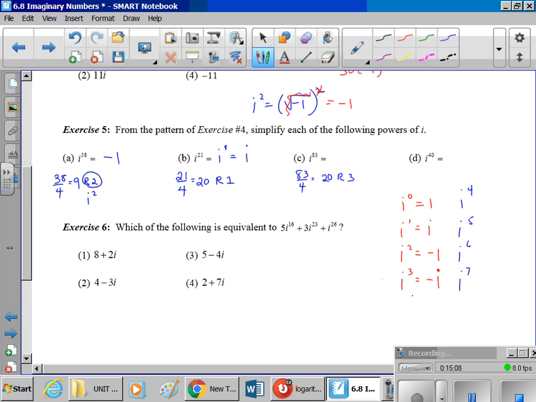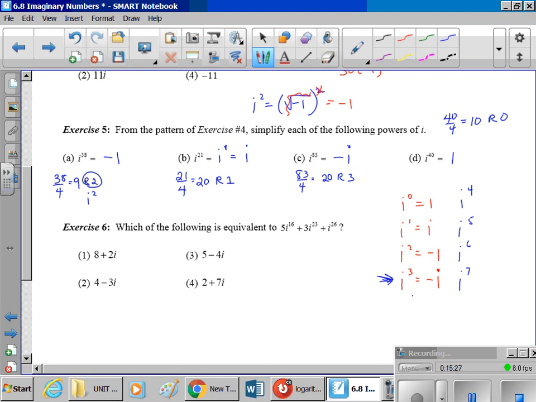So a remainder of 3 means it's going to be negative i, because you're going to use this one right here. And 40 goes in evenly, right? So if you do 40 divided by 4, this equals 10 with a remainder of 0. So anything to the 0 power is 1.